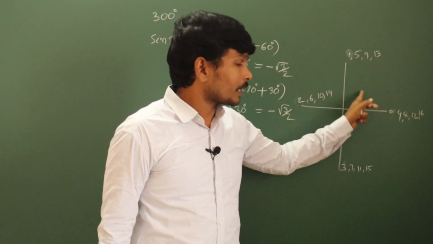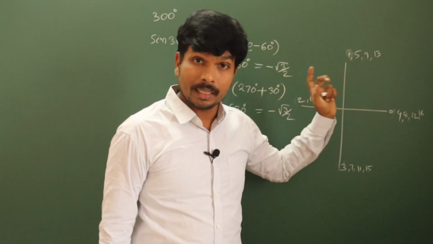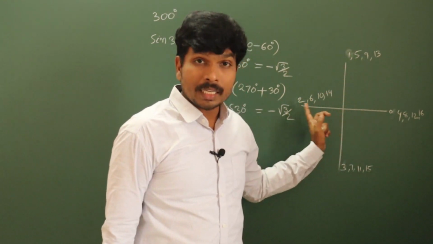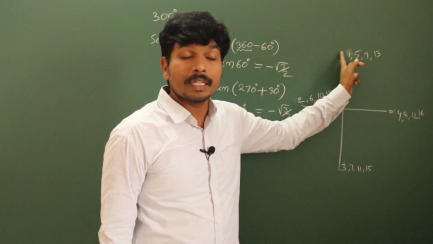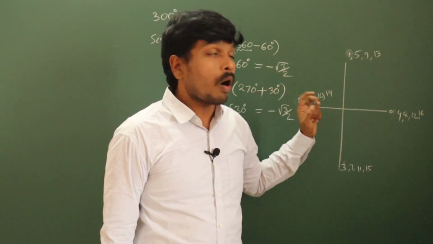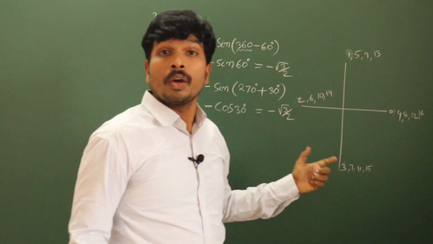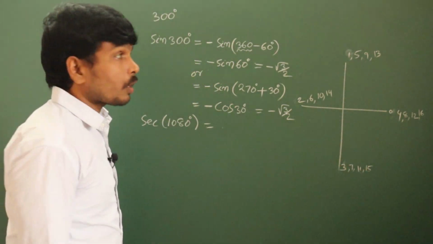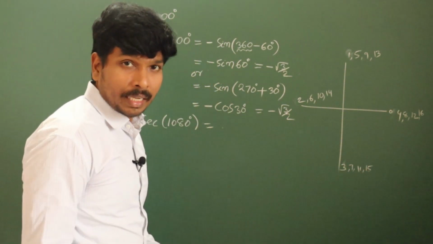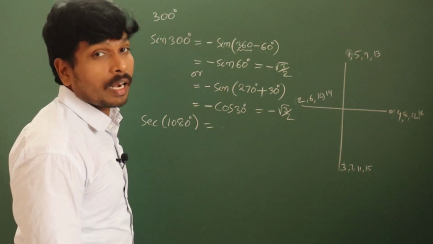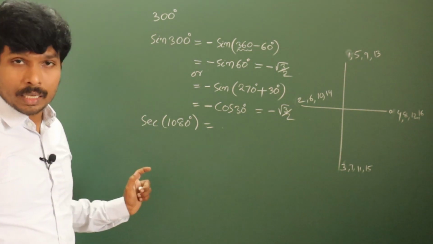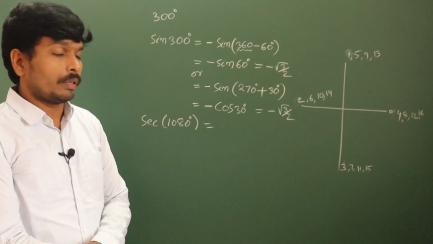These are the number of right angles. So even number of right angles on the x-axis, odd number of right angles on the y-axis. How many right angles are there in 1080 degrees? If you know the 9 table, then definitely you know the 90 table.